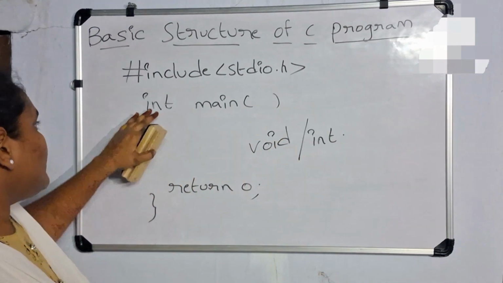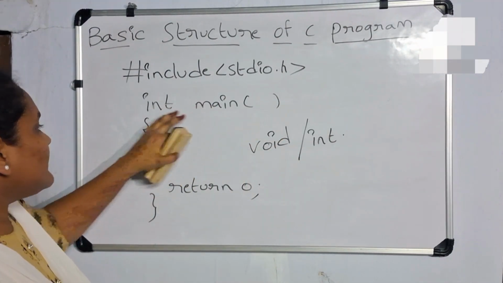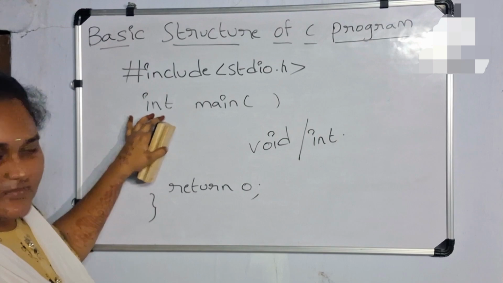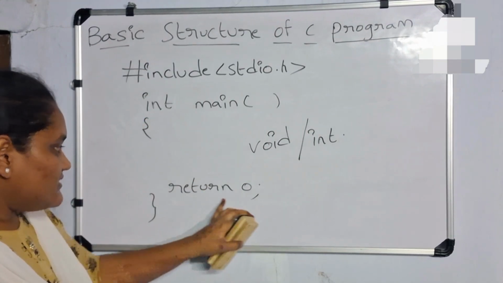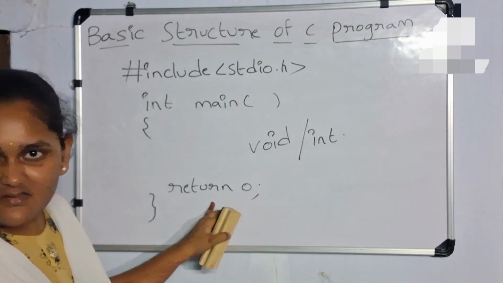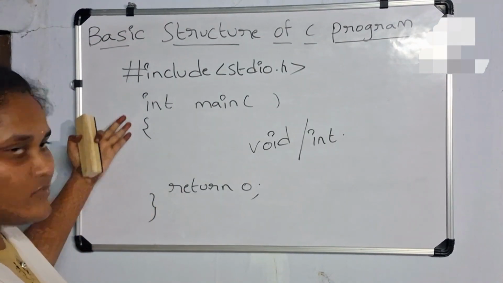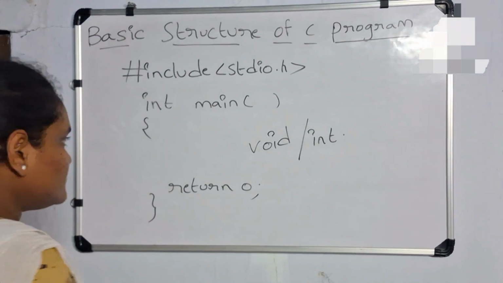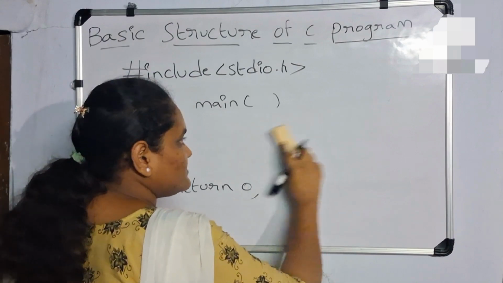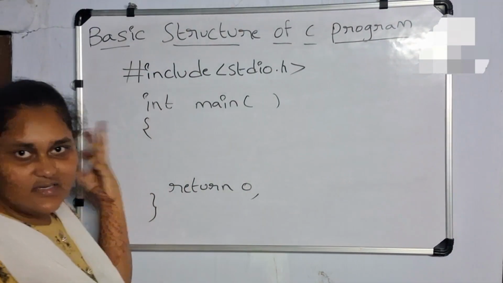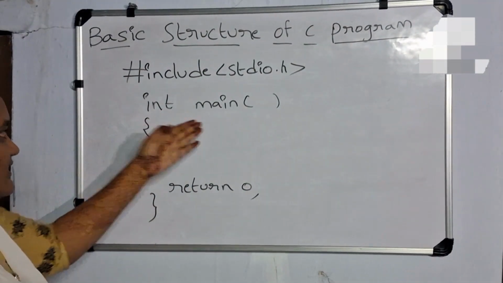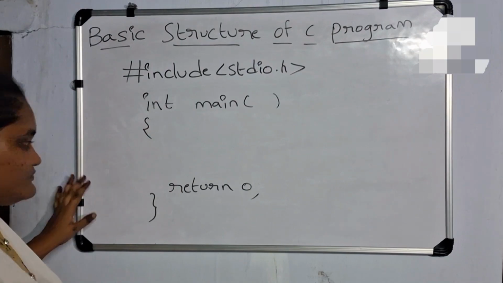And if you have the return type of the main function as int, you'll just add this statement at the end of the main block. So you can use either void or int as the return type for the main function.